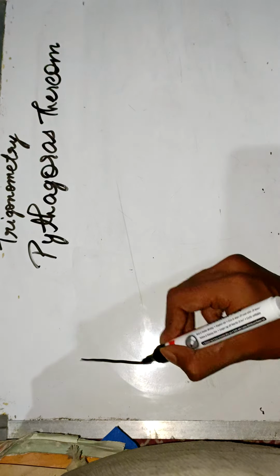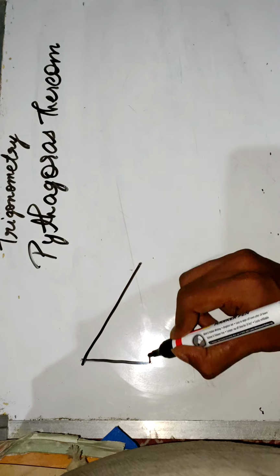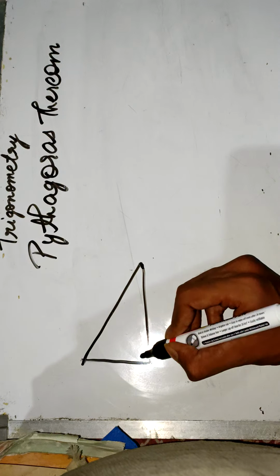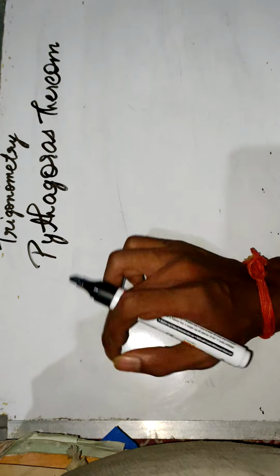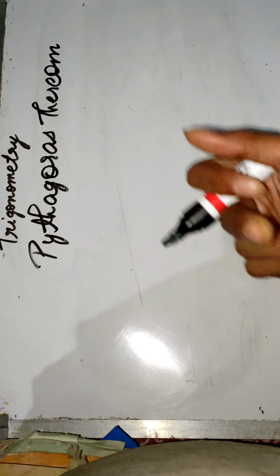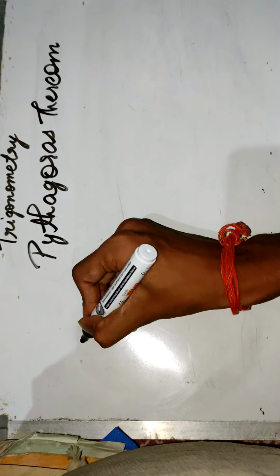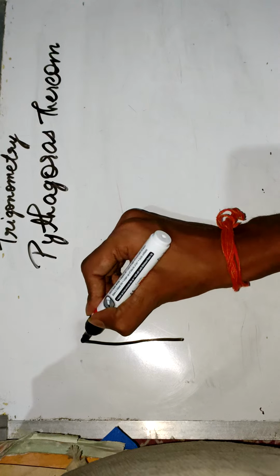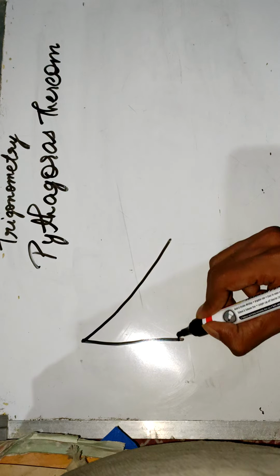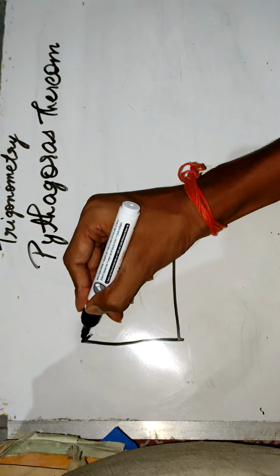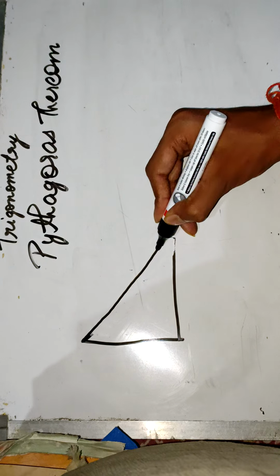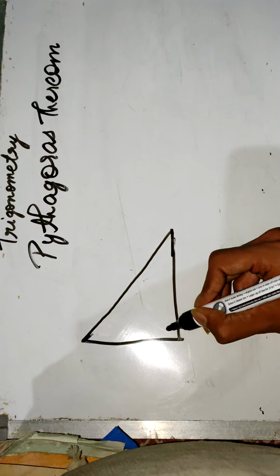Let us take a question that depends on trigonometry and the Pythagoras theorem. Let a triangle be given before us. The triangle can be anything, let us say like this.